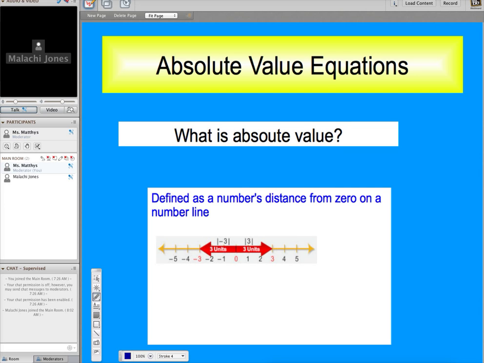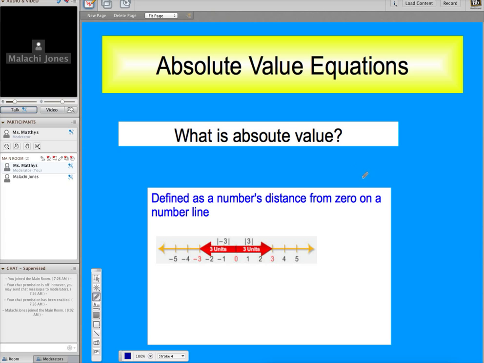Absolute value, can you see the screen? It's defined as a number's distance from 0 on a number line. The idea of absolute value is how far away you are from the number.